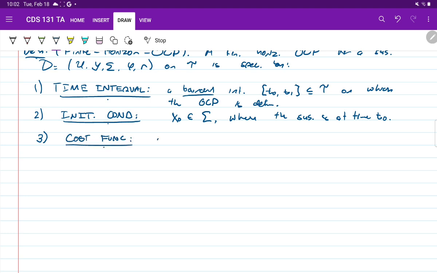And this is going to be a map, J, which is going to take in a state trajectory as its first argument and an input trajectory as its second argument.